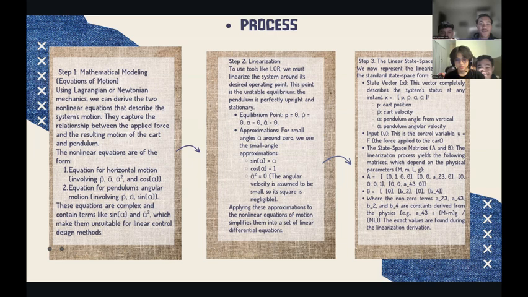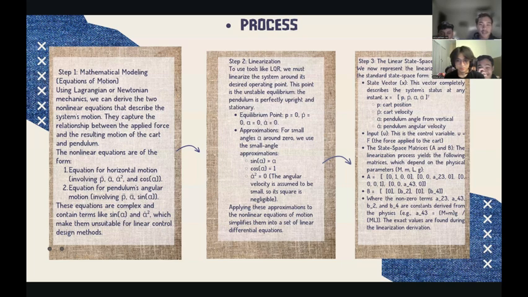Step 2: linearization. To use tools like LQR, we must linearize the system around its desired operating point. This point is the unstable equilibrium, where the pendulum is perfectly upright and stationary. First, the equilibrium point must contain all zeros.